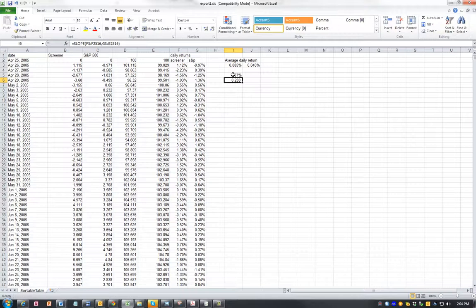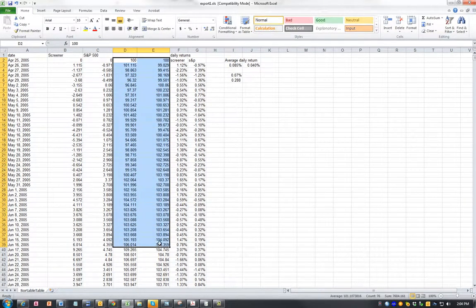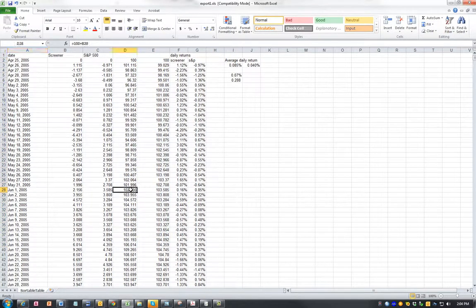A much better thing to do is to actually use these data here and compute monthly returns. So you'll take this 102.156 divided by the 100, and you'll get a monthly return of 2.156.